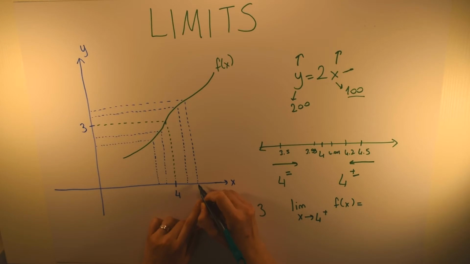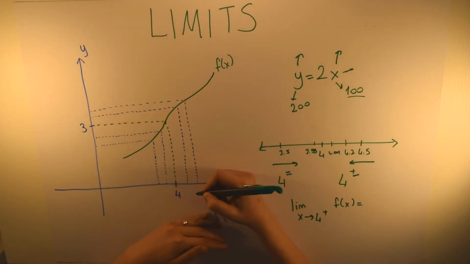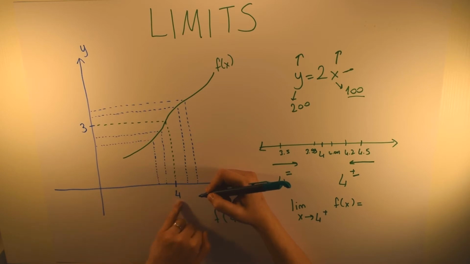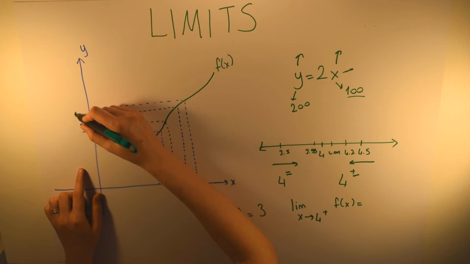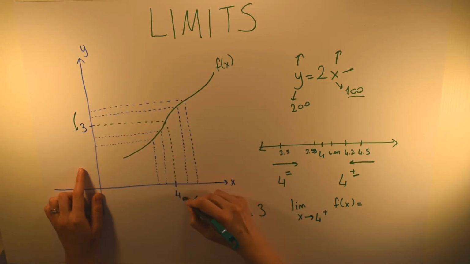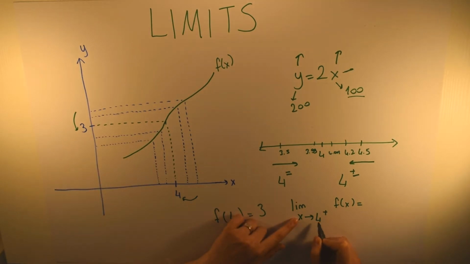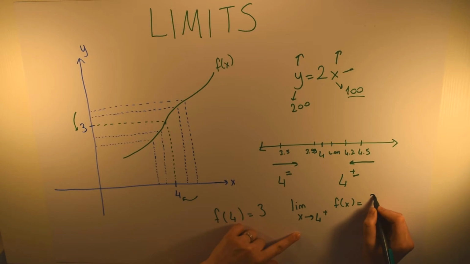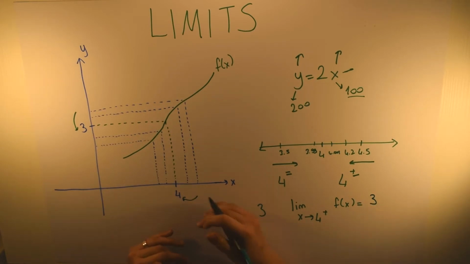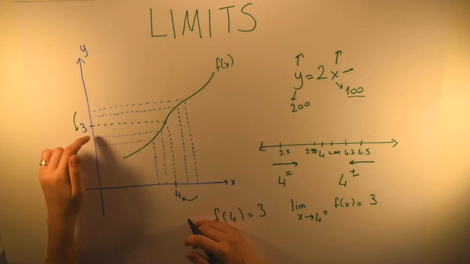As I approach 4, the y value here approaches the value of 3. So that's why I can say that the limit as x approaches 4 from the right side, f of x is equal to 3, because when I get closer to 4 from the right, my y values also get closer to 3.